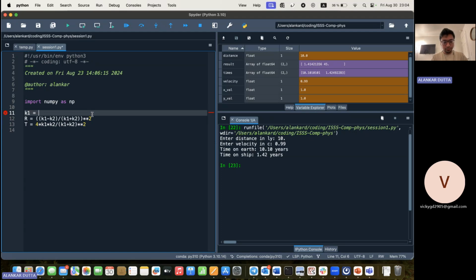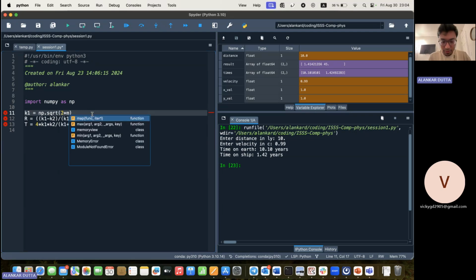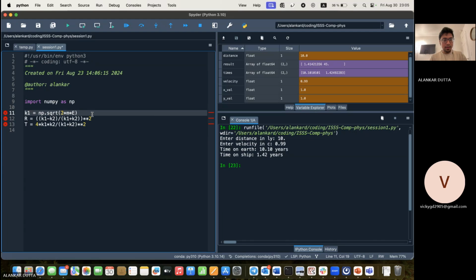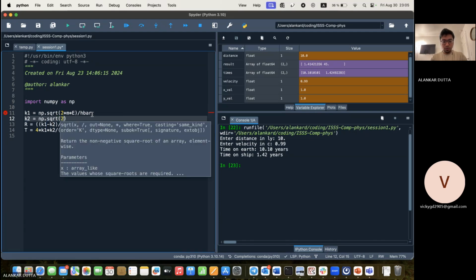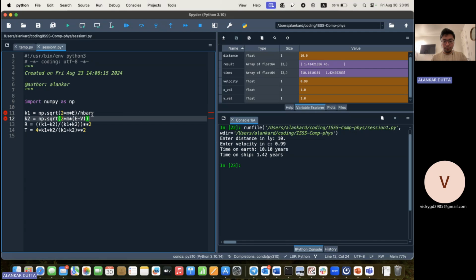So K1 is just the square root of 2mE over h bar, whereas K2 is the square root of 2m(E minus V) over h bar. So these are the three things.